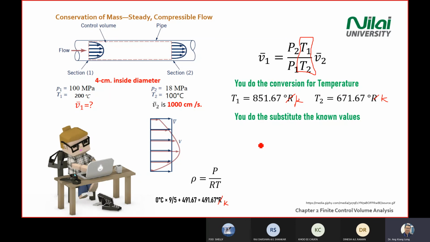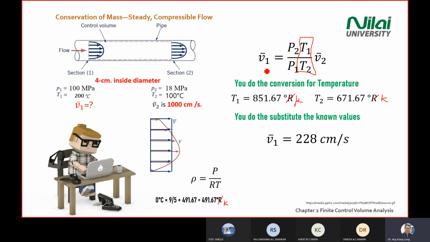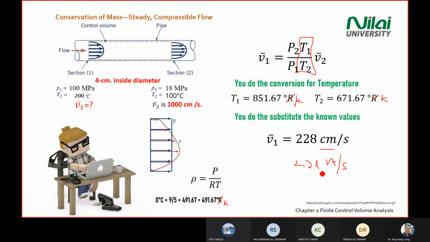Okay, right. So at the end, you substitute all the answer for P1, P2, V2. You'll get 228 cm per second, or sometimes the question will ask you to put in meter per second. Okay, so when it's meter per second, you need to put as 2.80 meter. Okay.